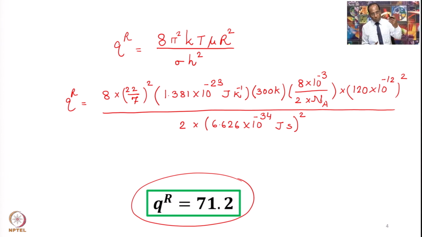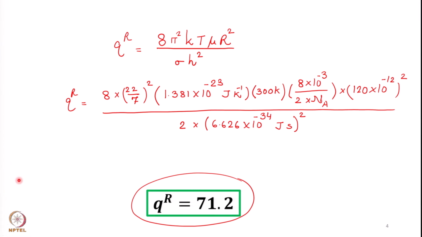If you increase the temperature, carefully if you examine, this QR rotational partition function is directly proportional to temperature, it is directly proportional to the square of the bond length, and it is inversely proportional to the symmetry number.